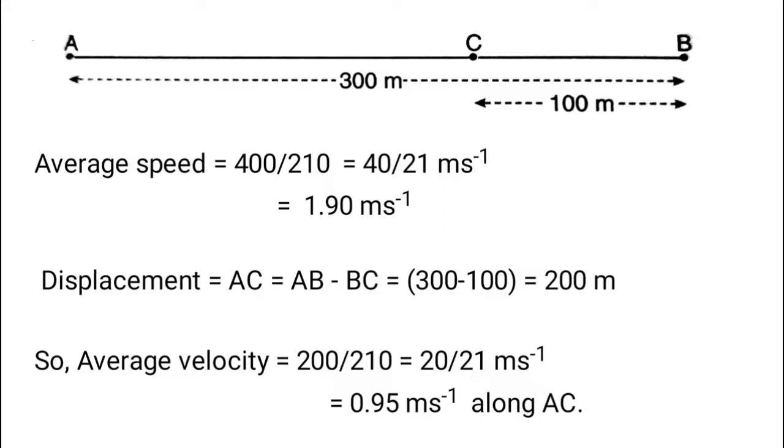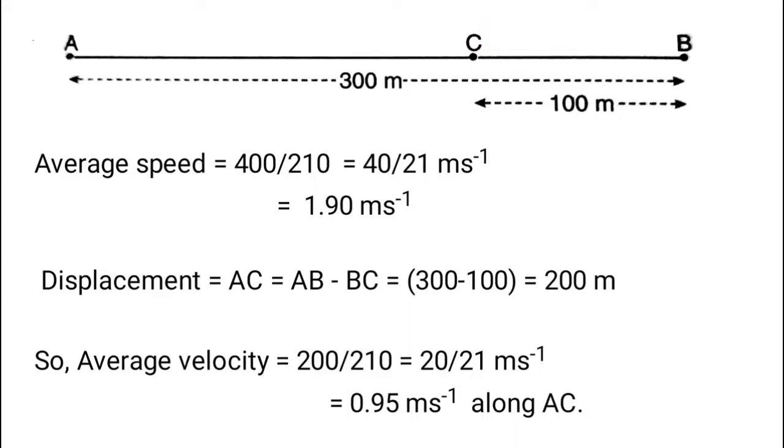The total distance covered in the journey from A to C is the sum of the path length AB plus the length of path BC. It means 300 plus 100, so it equals 400 meter. The total time is the time taken from A to B plus the time taken from B to C.